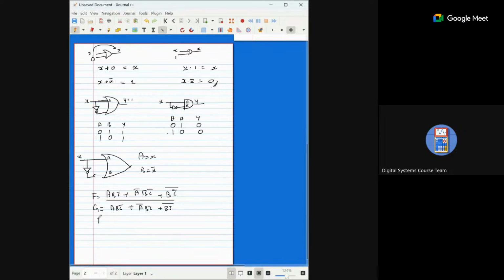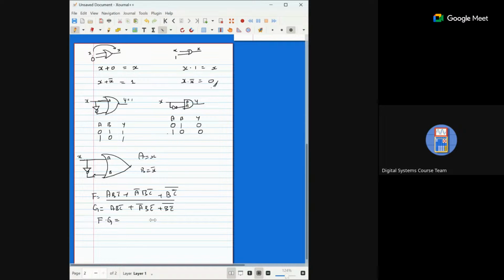So if I ask what is F dot G here right now? 0.